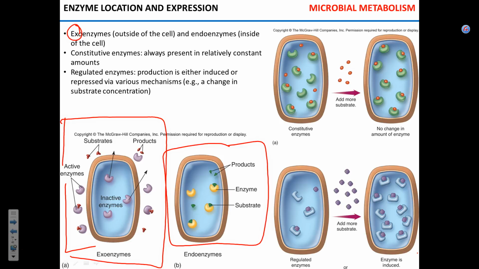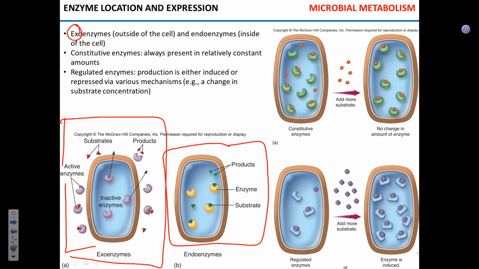Microbes don't have teeth or something to chew through. They produce enzymes that break down the tissue. Does that make sense? That's an exoenzyme. It goes out of the cell. They produce enzymes and release them out of the cell. It's actually pretty neat, I think.